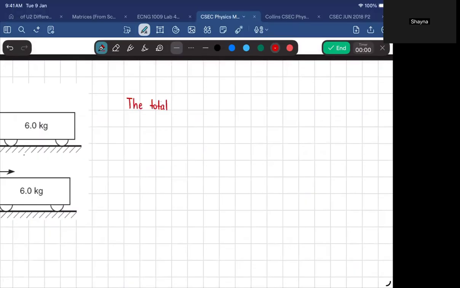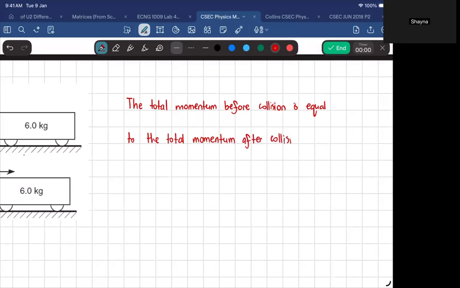Right, the total momentum before collision is equal to the total momentum after.